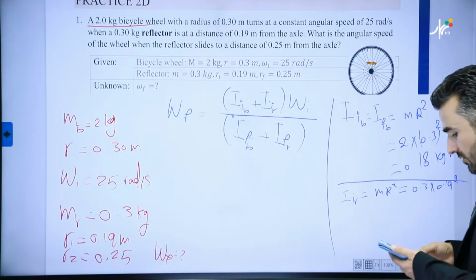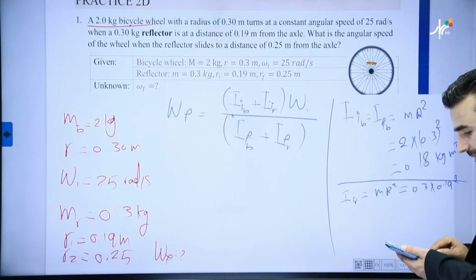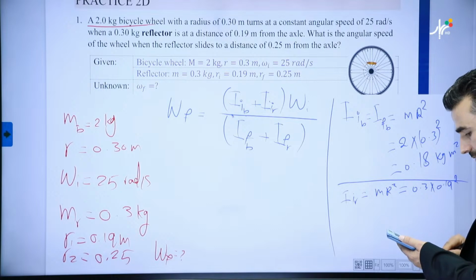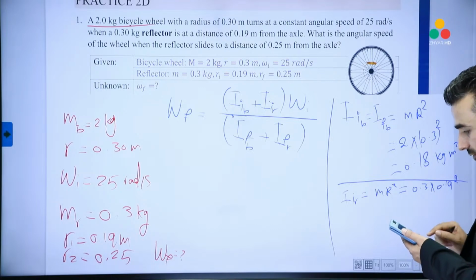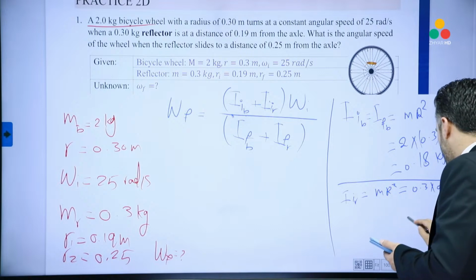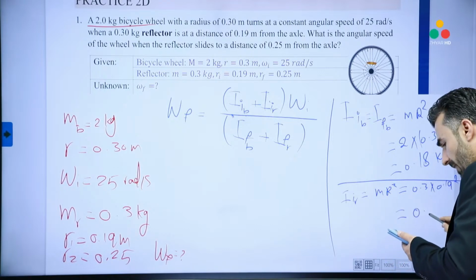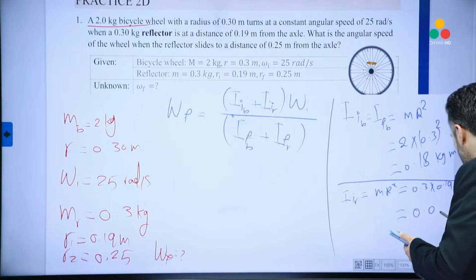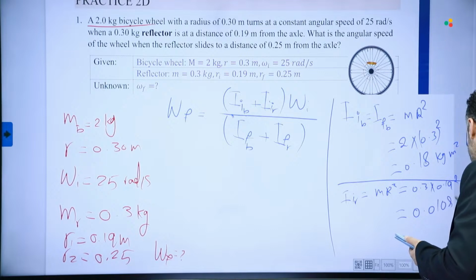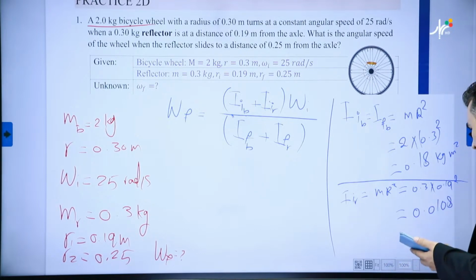So 0.3 multiplied by 0.19 squared, of course we have 0.0108. You can keep these digits for now.